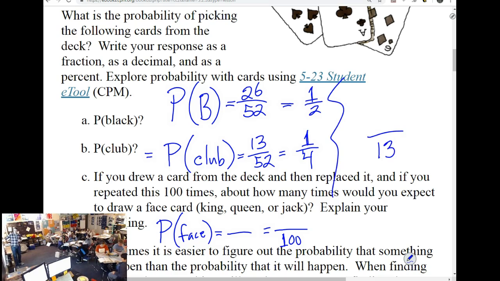So if I think of out of 13, how many of those are faces? 3. King, queen, jack. Yep. So we could have that there are 12 total face cards in the deck, but this is a reduced form, but actually this is going to be easier to work with. So I'm going to put 12/52 down here.